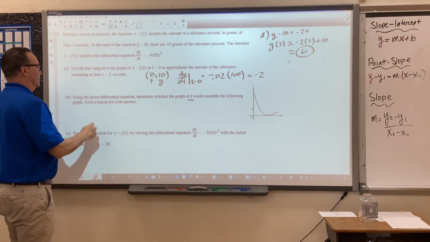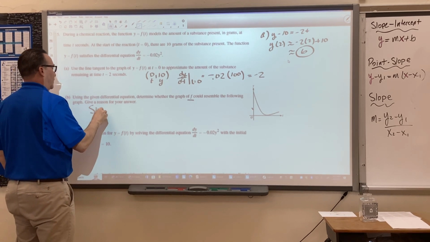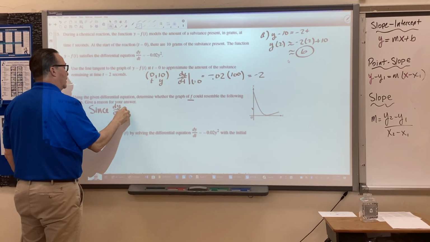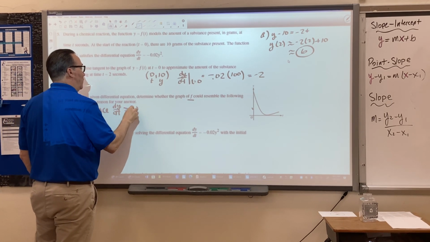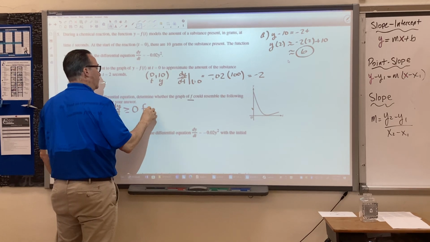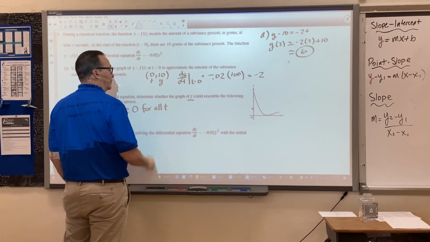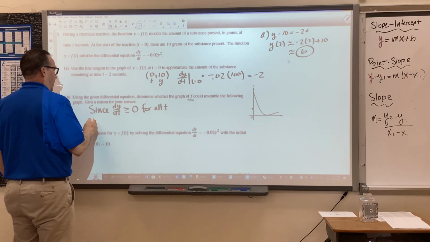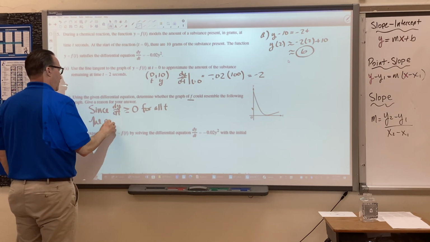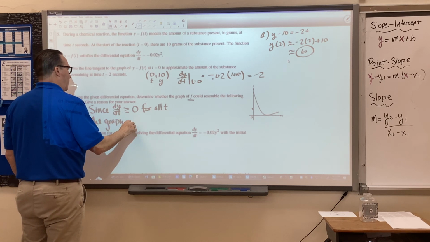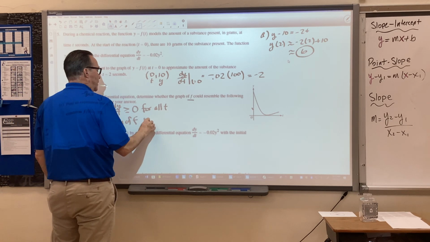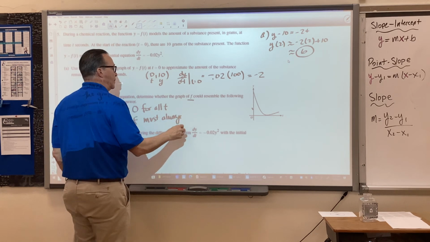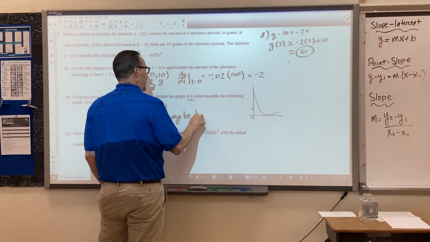And since dy/dt is less than or equal to 0 for all t, the graph of f must always be decreasing.